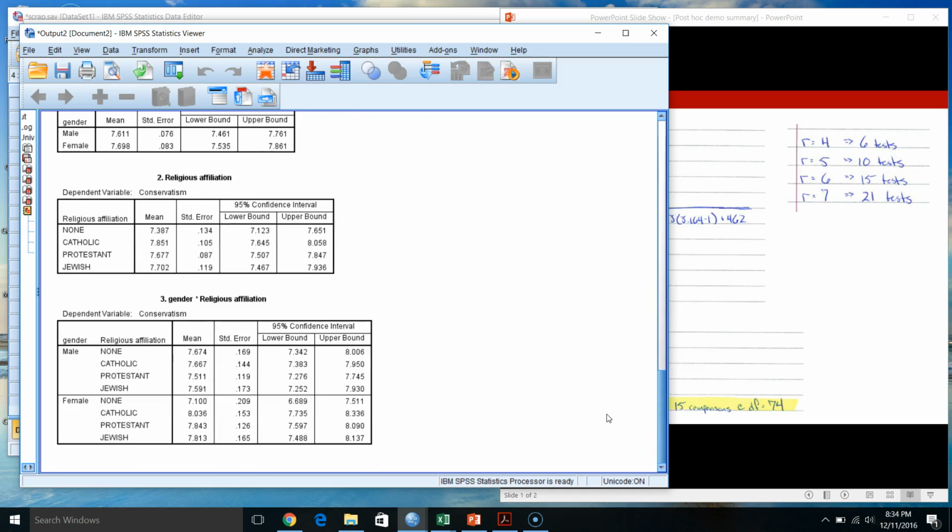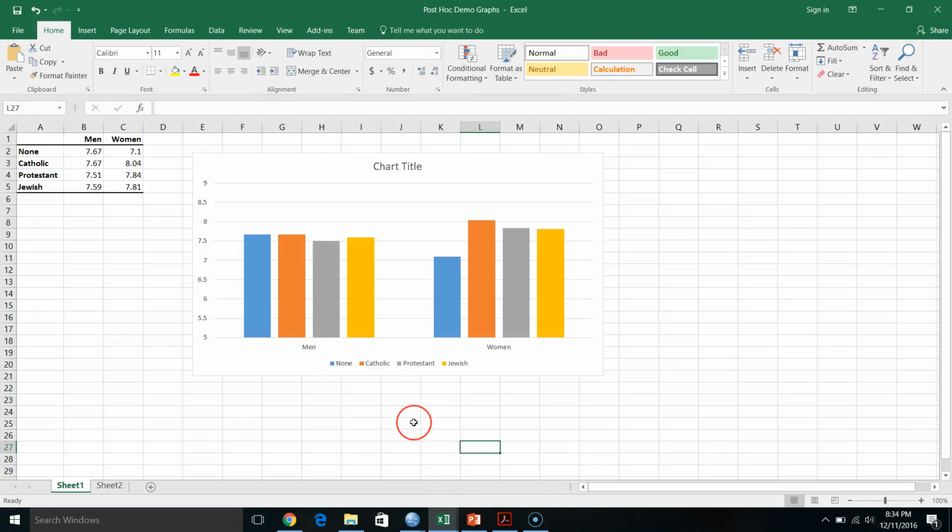So what we want to do now is start to piece this interaction apart, okay? What I'm going to start out by doing is running a simple effects ANOVA for men and then for women, okay?